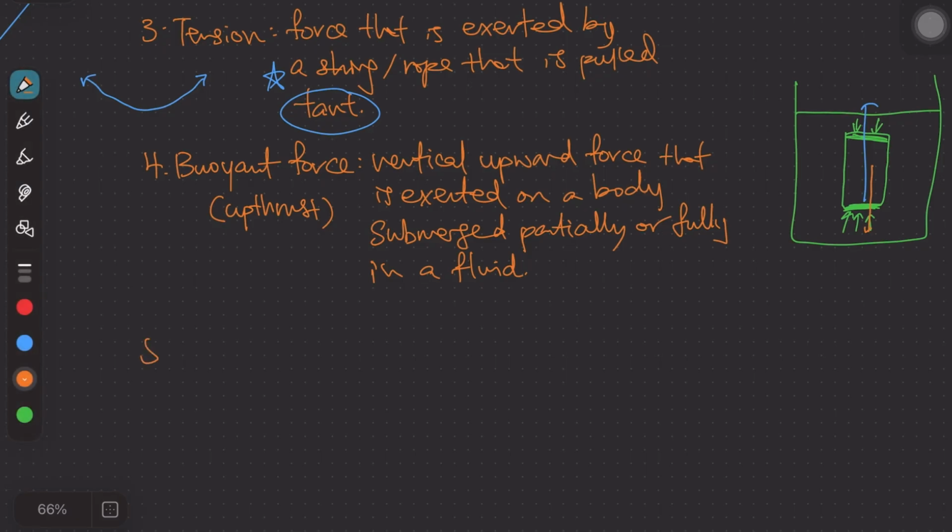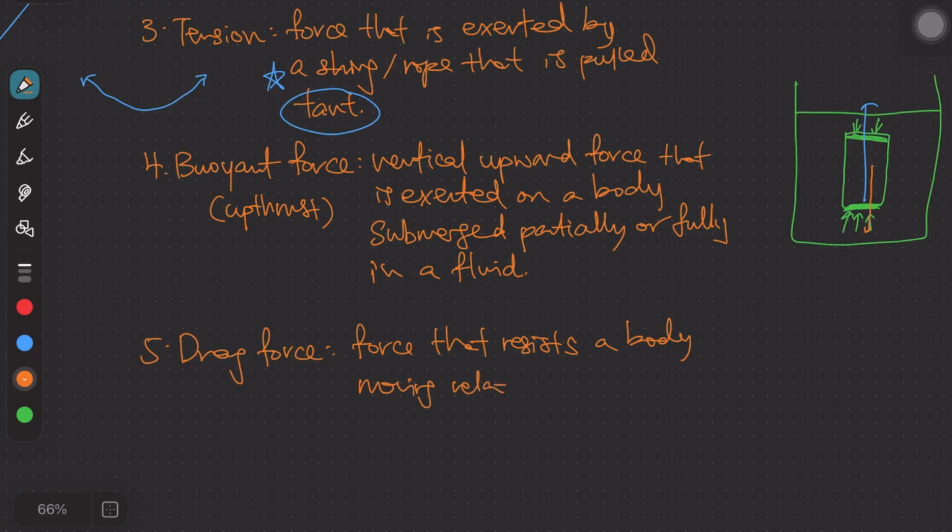Okay, next, let's look at drag force. What is drag force? Drag force is the force that resists a body moving relative to a fluid.